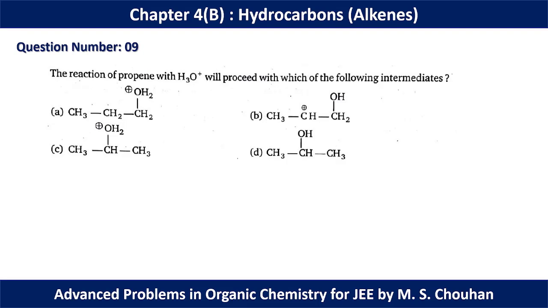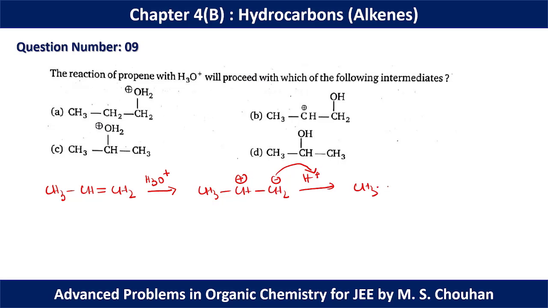In question number 9, the reaction of propene with H3O plus. So first of all we can draw the propene like this, CH3 CH double bond CH2. Now we can dissociate this pi bond like this, CH3 CH plus, minus, and this minus can react with H plus. So this is our carbocation intermediate, okay, this is our carbocation intermediate.